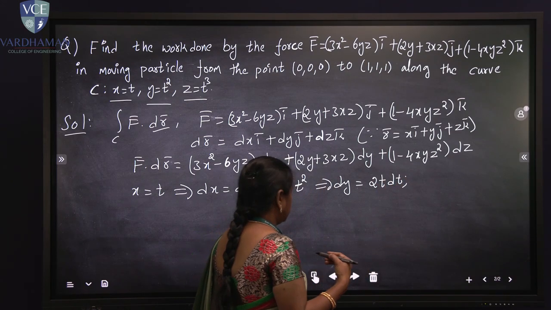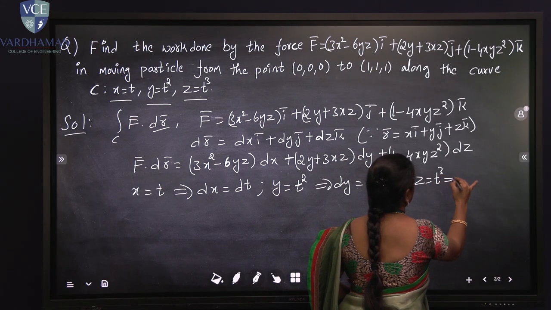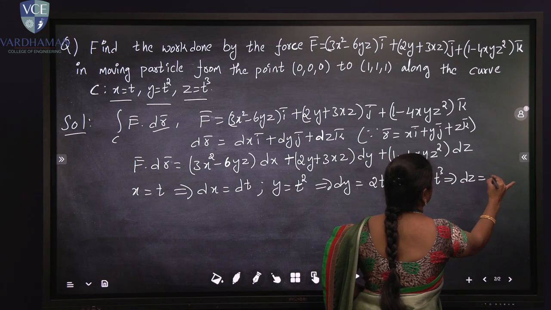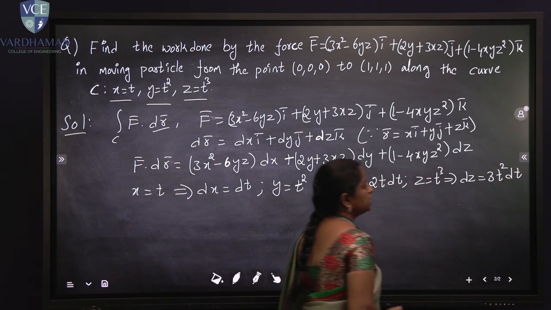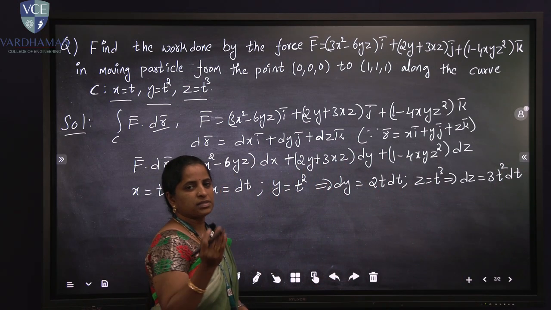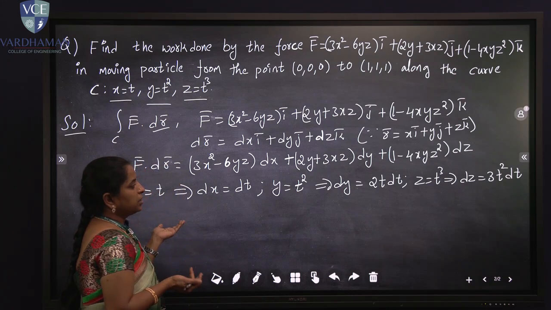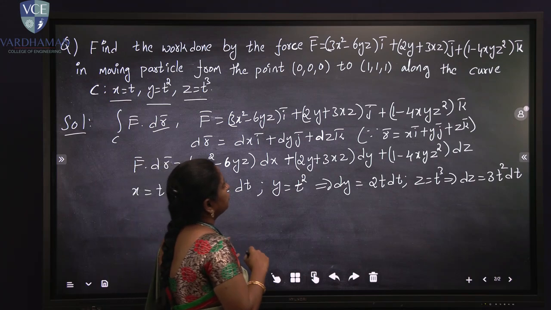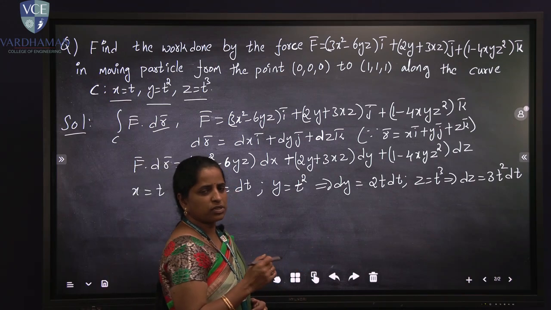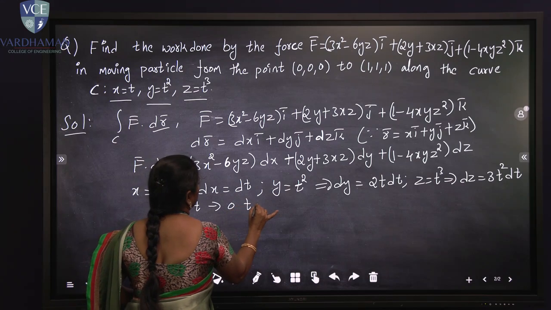And z equal to t cube means dz equal to 3t square dt. So like this we will convert x, y, z and dx, dy, dz to t terms. We have to take the limits also in t. From the given points all vary from 0 to 1, so t varies from 0 to 1.